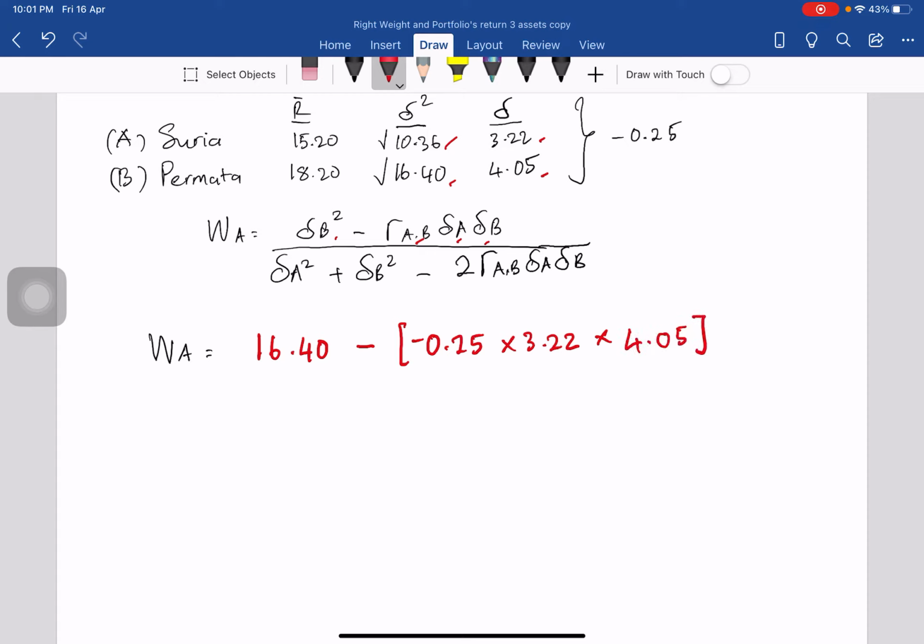4.05. Okay, we got that, and then we divide it by variance A now.